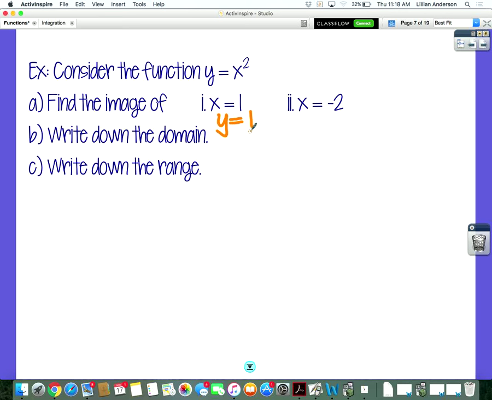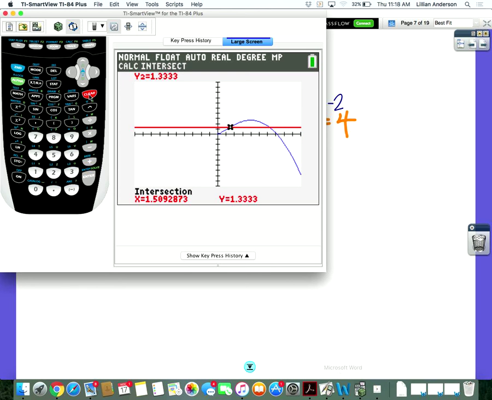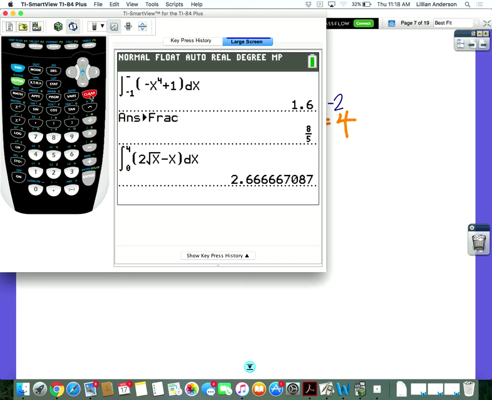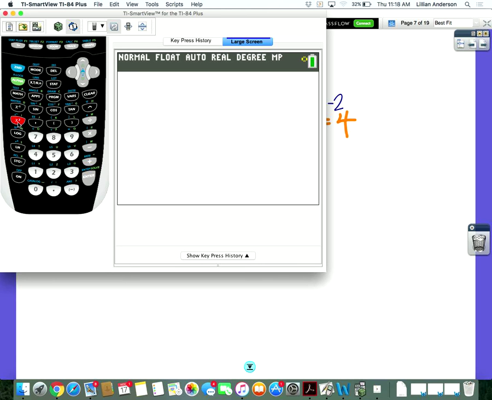And what is it when we plug in -2? Your instincts tell you that negative 2 squared is a positive 4, and you're going to type it into your calculator to try to confirm it.